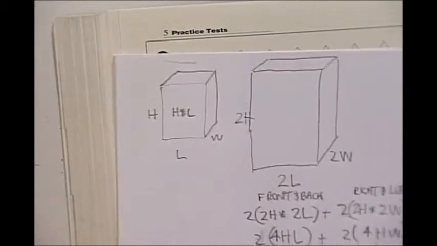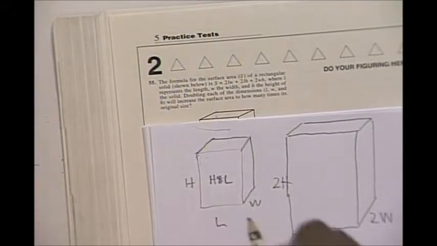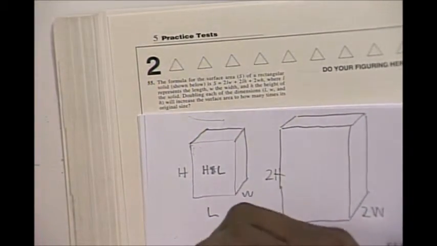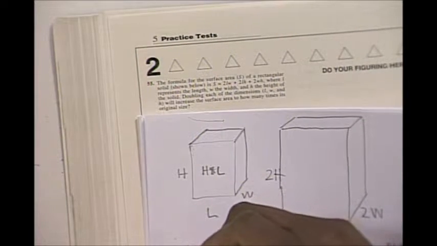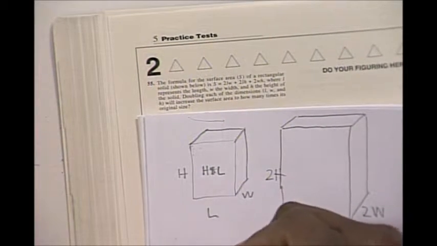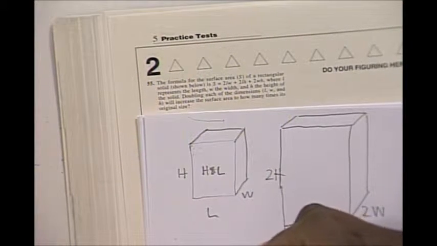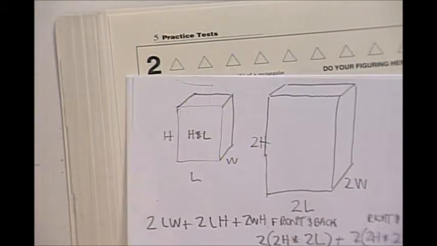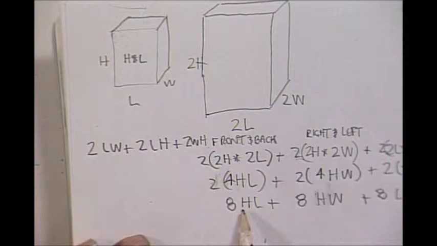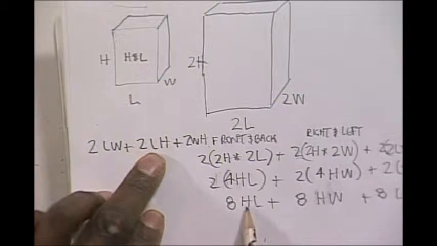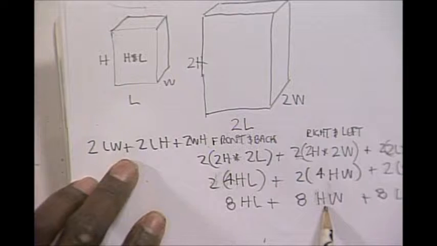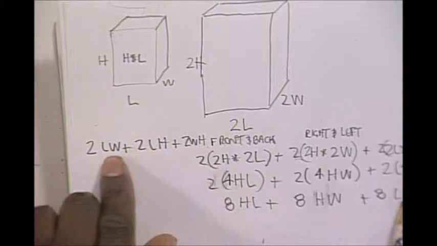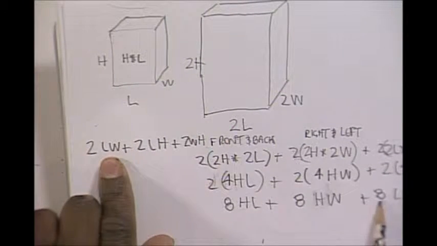So whereas in the original problem you had twice the length times the width plus twice the length times the height plus twice the width times the height, here you compare that with 8 times length times height, 8 times height times the width, and 8 times the length times the width.